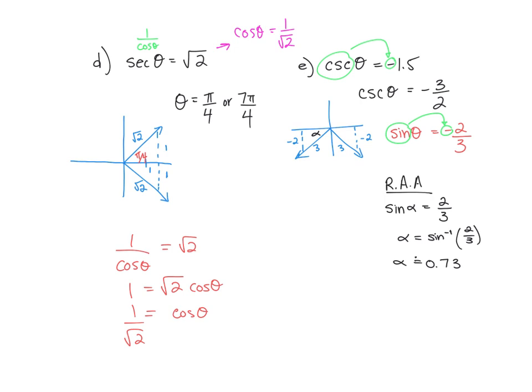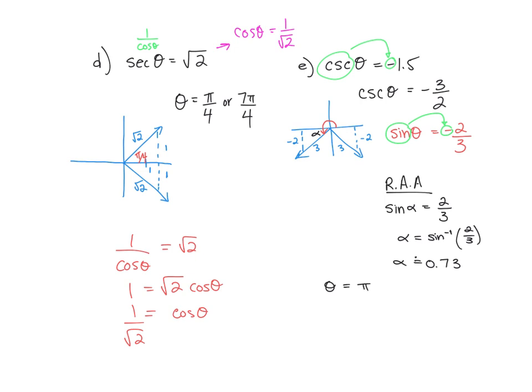Now our last step, we've been asked to state, again, the values of theta that fit within 0 to 2 pi. So my first value of theta would be a pi rotation plus my related acute angle.